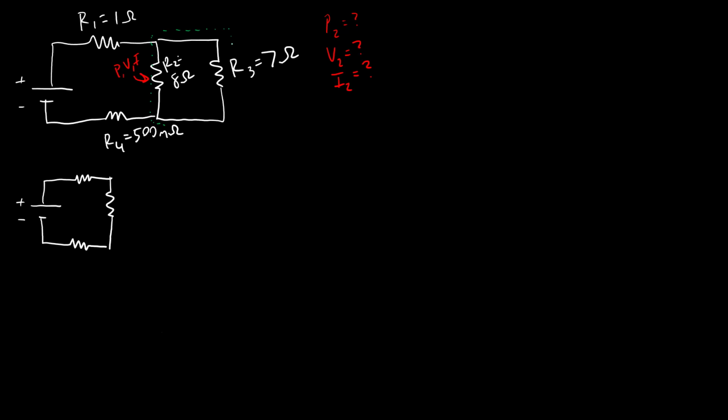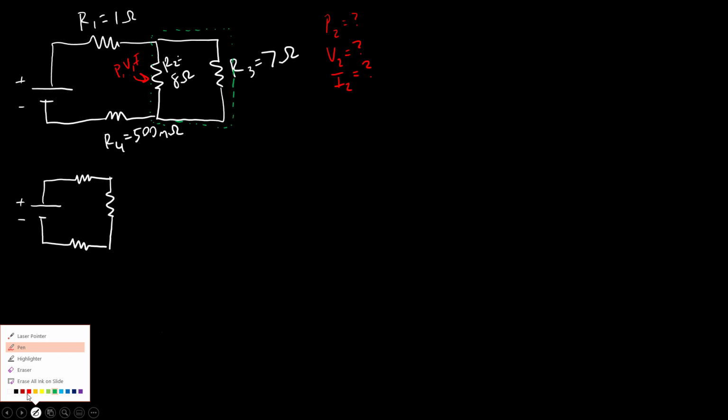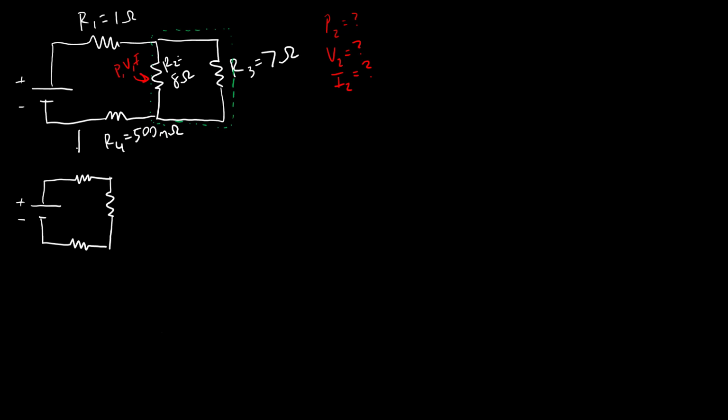So I'm going to draw a dotted line around them here to indicate that those two resistors are in parallel. If you're not sure what in parallel means, you need to go back and watch one of the earlier videos. So in this condensed version of the circuit, we still have R1 and R4 as separate resistors, but we have a new variable here that I'm going to call R23, which is equal to R2 in parallel with R3.